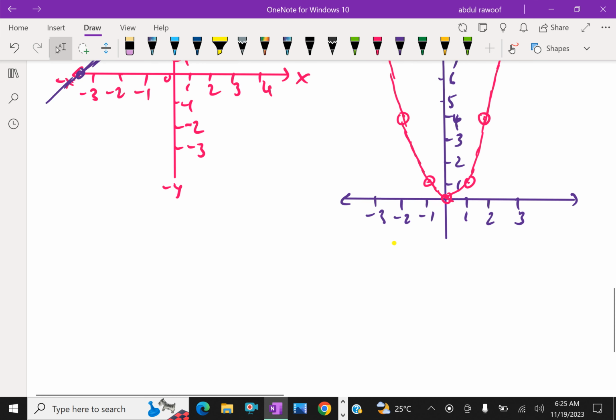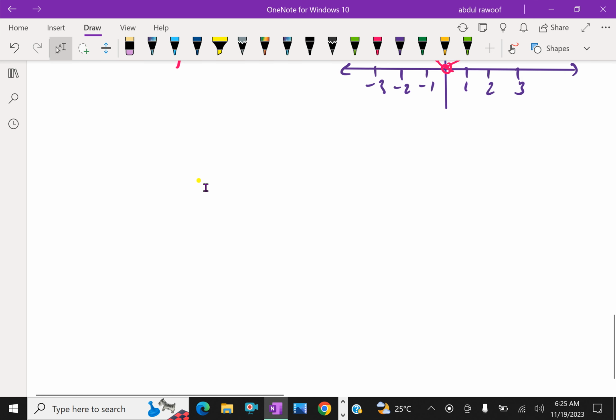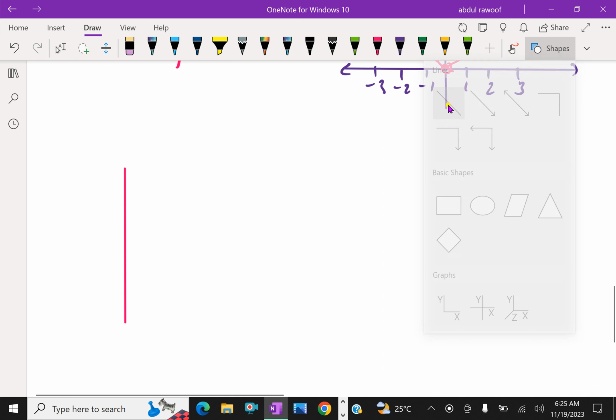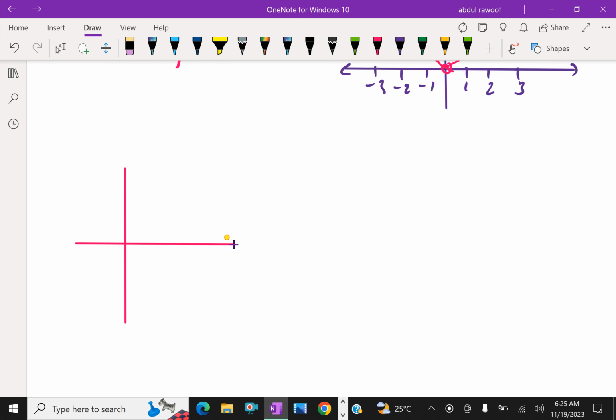Now further, look at this. Suppose on a Cartesian axis, some points occupy these areas.